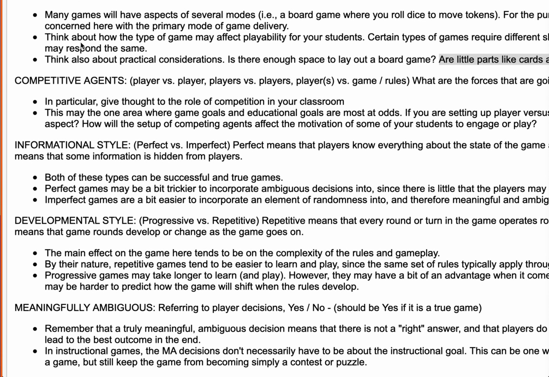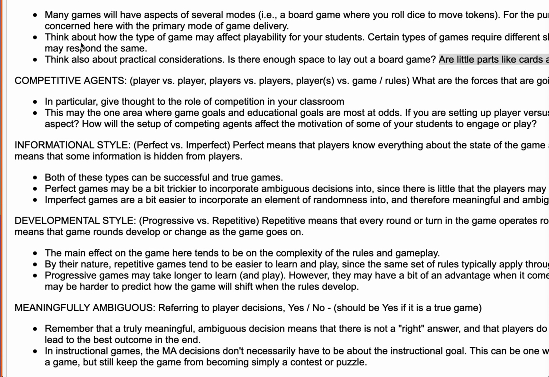Probably the clearest example of this would be, say, chess on one hand, right? When you play chess, both players know the position of every piece. They know the entire board. They know what pieces have been captured. They know where every piece is on the board. They know every move that each other has made. So there is absolutely nothing hidden.